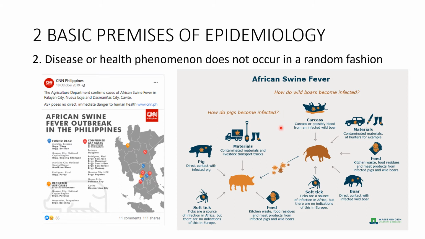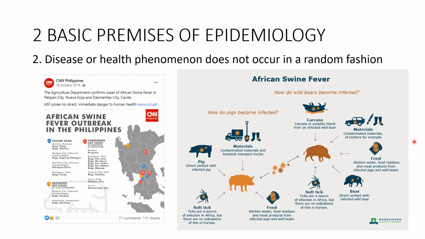If you put it here in what is known as the transmission pathway of ASF, it was introduced to our local domestic stock. And perhaps it might have spread through materials or fomites, direct contact with other infected pigs, or feeds that were infected. Again, swill feeding is an important transmission pathway.